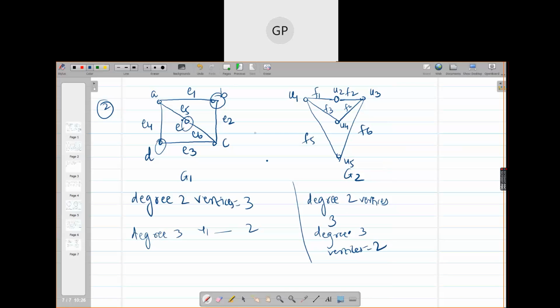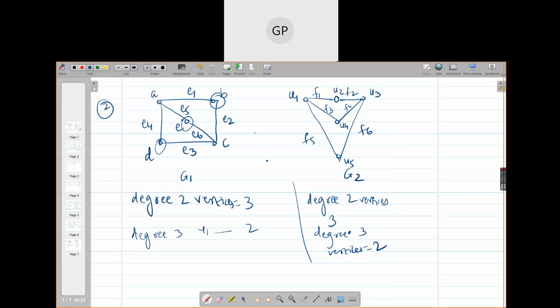Are these two graphs isomorphic? Two degree 3 vertices are not adjacent to each other in G1. The vertices A and C are of degree 3 and they are not adjacent in G1. In G2, U1 and U3 are degree 3 vertices and they are not adjacent with each other.